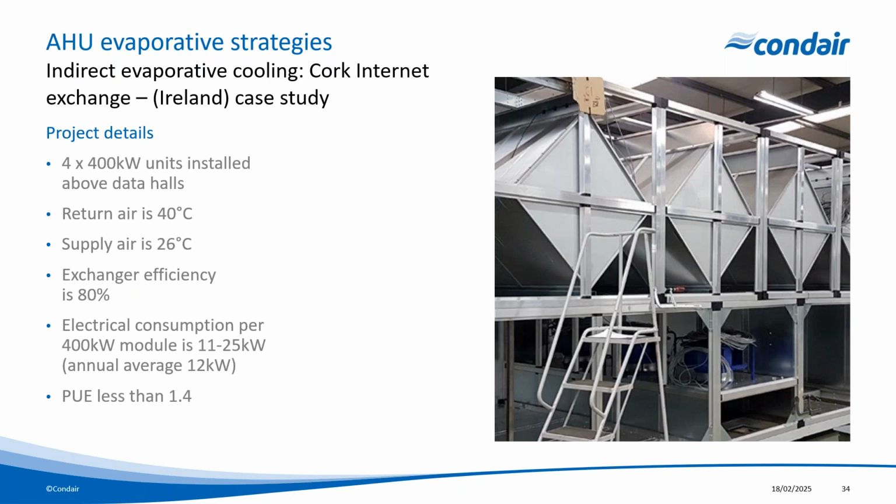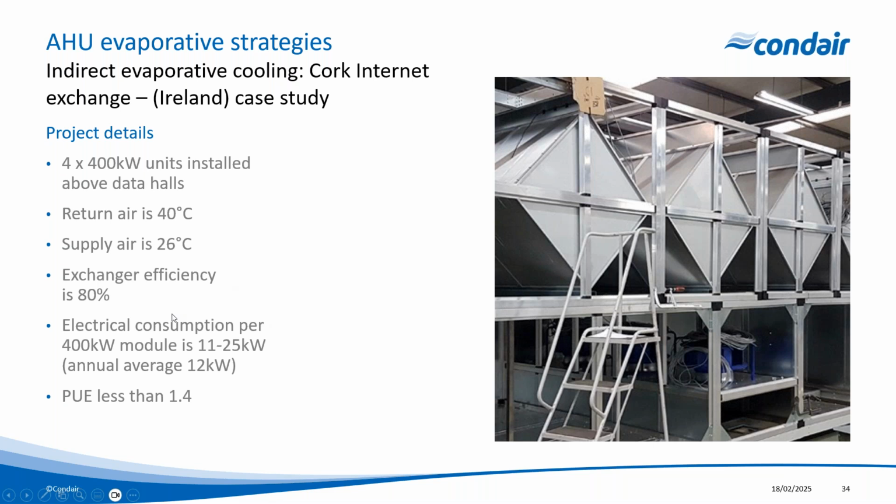So some additional details on this project. We had 4 400 kilowatt modules installed. Return air was 40 degrees C coming from the hot aisle. The supply air temp was 26 degrees C, and the heat exchanger efficiency was about 80%.